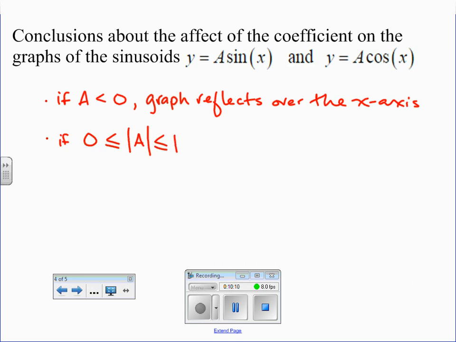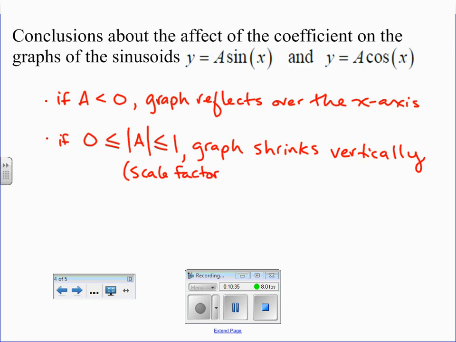Absolute value of a is between 0 and 1. So like a number like half. Graph shrinks vertically. Okay. And again, the scale factor is a.